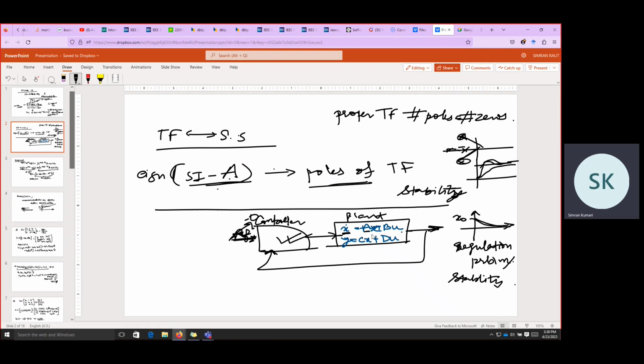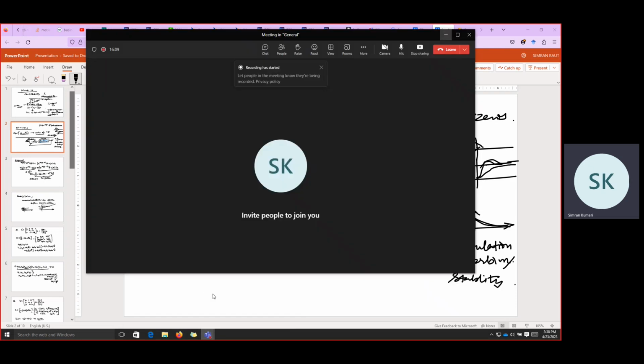In that case, we are assuming that all the states are available, so then only we can design the controller. Now it is not necessary that all the states are available, because these are internal variables. It may be possible that some values are not available.